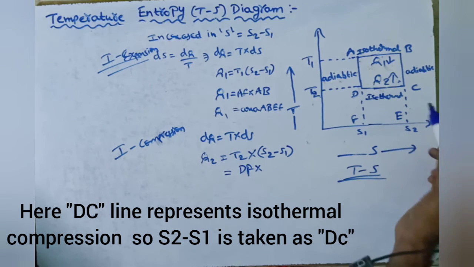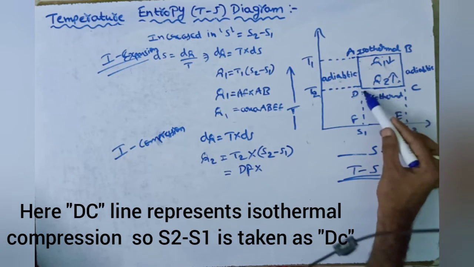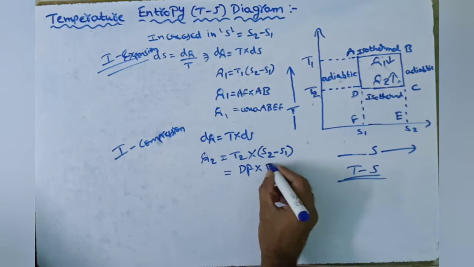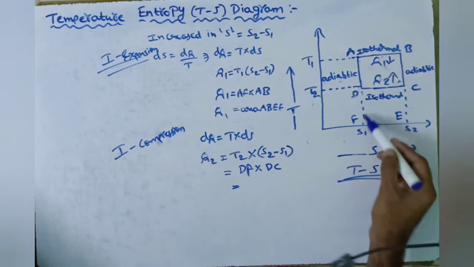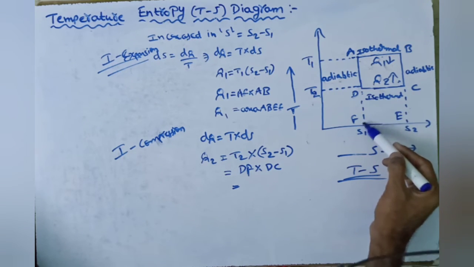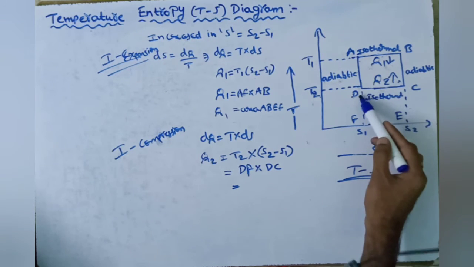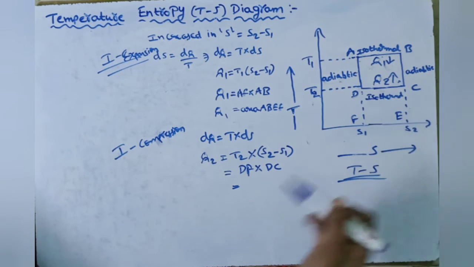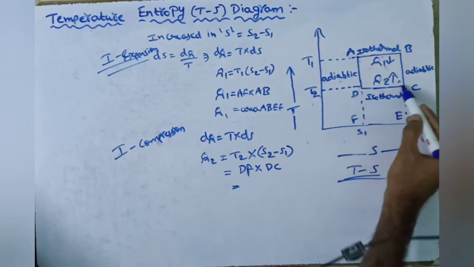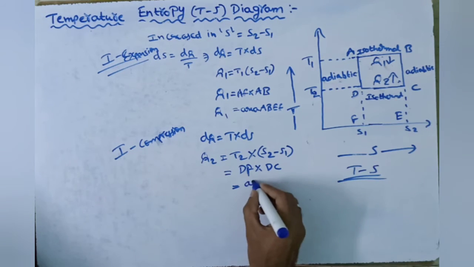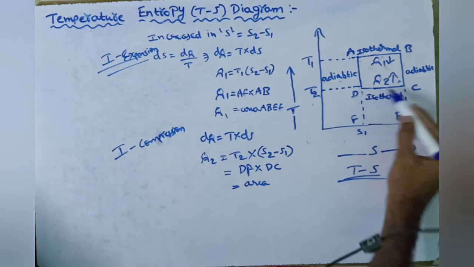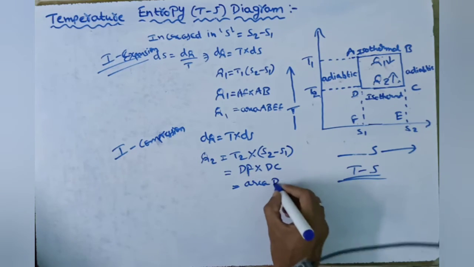We take the line DC. So DF is one of the sides of the rectangle DCEF, and DC is also one of the sides of this rectangle DCEF. We write the product of this side and this side as the area of DCEF.